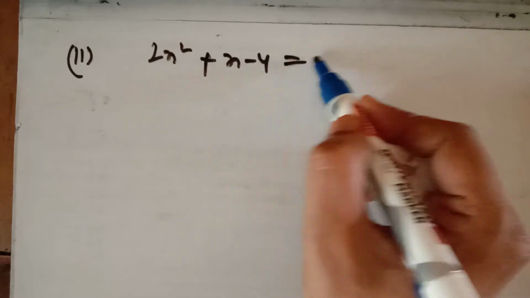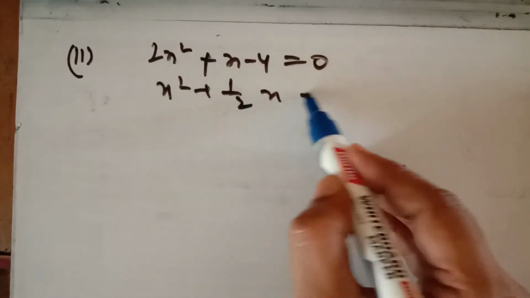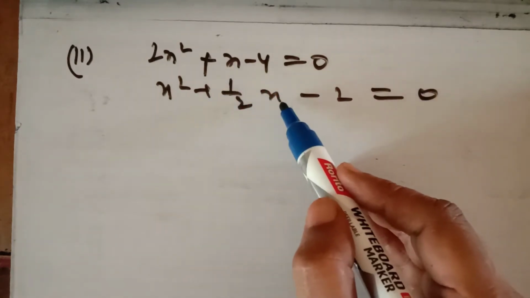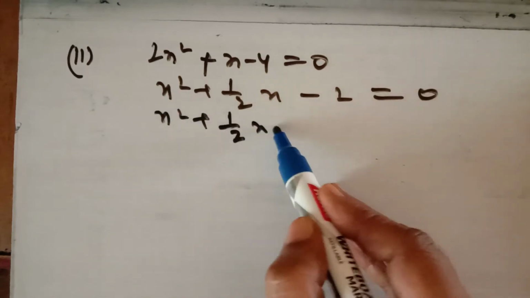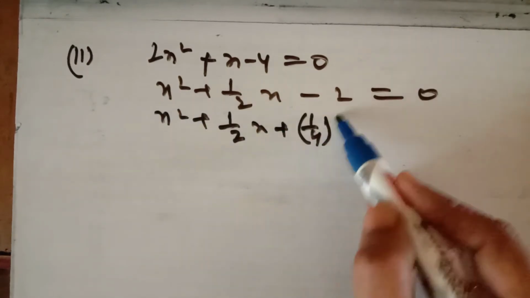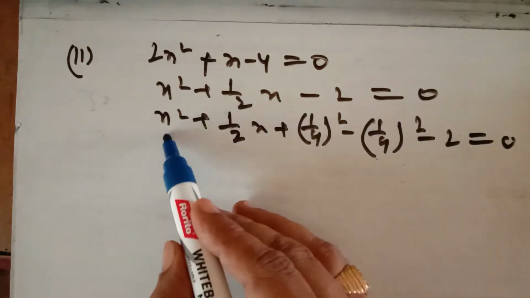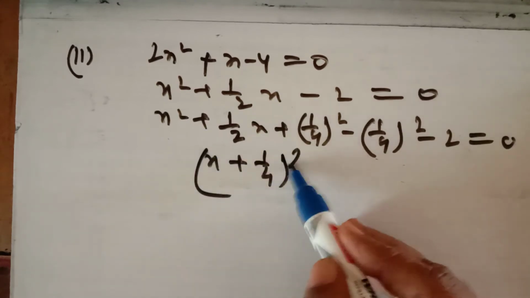So this is the second part. Again, I am dividing it by 2 to make the coefficient of x square 1. The coefficient of x is 1 upon 2, so its half will be 1 upon 4. So adding and subtracting the whole square of 1 upon 4 like this. So a square plus b square minus 2ab, so it will be x plus 1 upon 4 whole square.